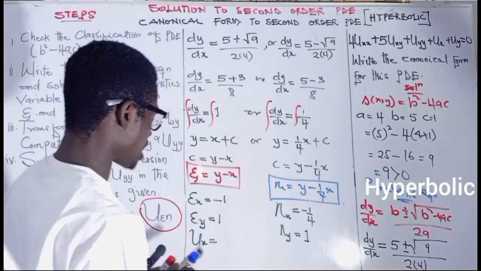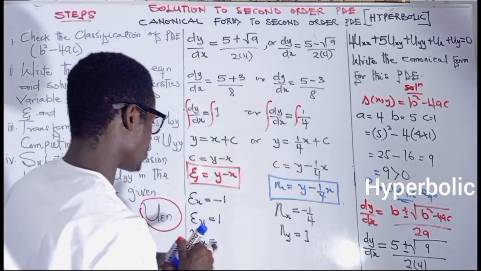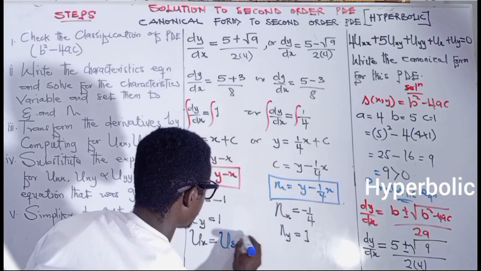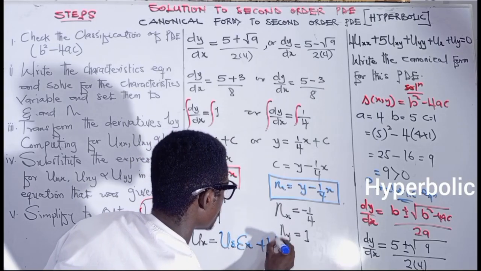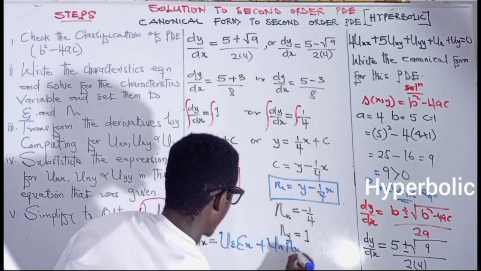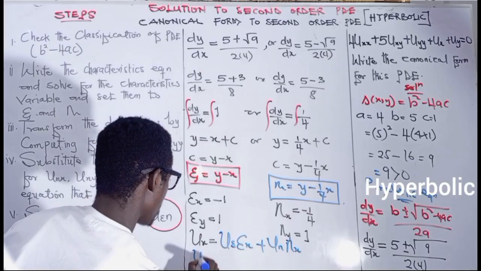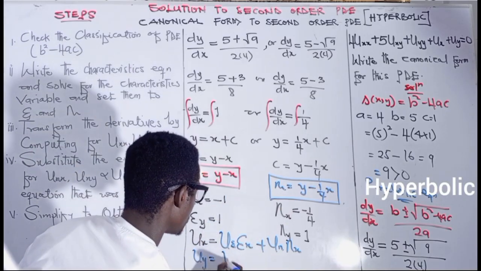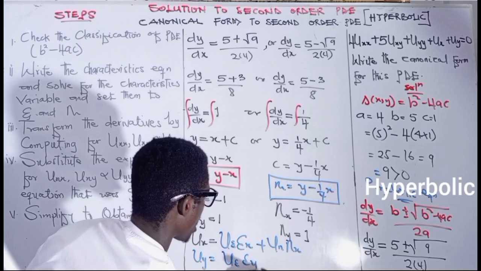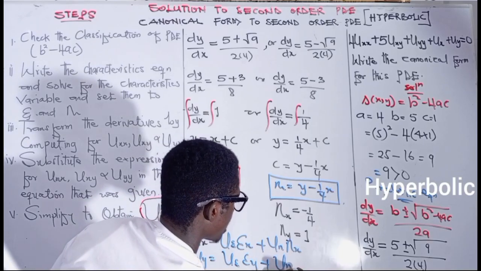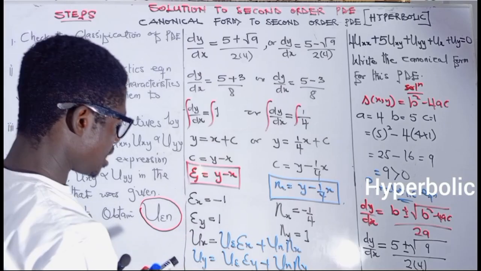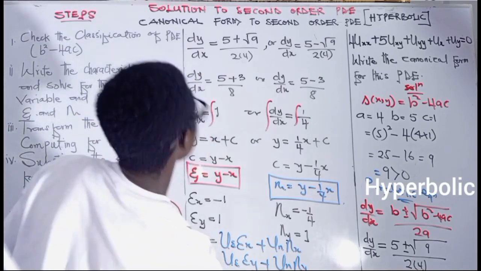So we know that ux going through xi is giving us u xi x plus u eta x, and then uy, the partial derivative with respect to y going through xi, we have u xi y plus u eta y. Very, very easy and simple. Let's continue from this side.